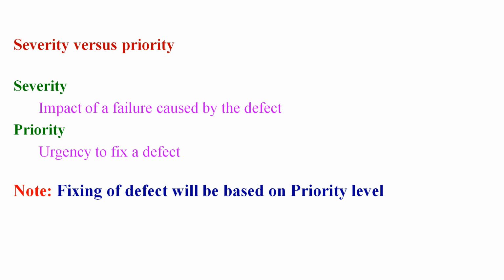Now, fixing or resolving the defect will always be based on the priority level. That means, if for any particular defect the priority is high, then it has to be fixed immediately.